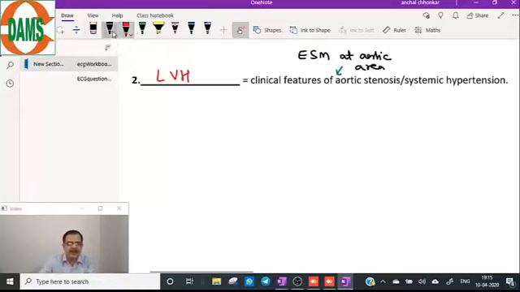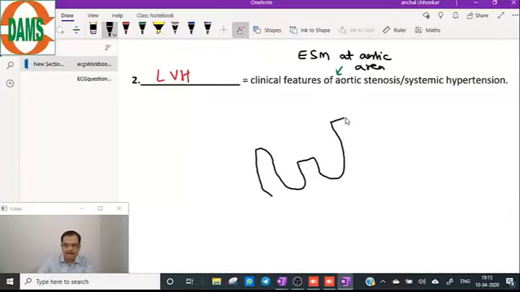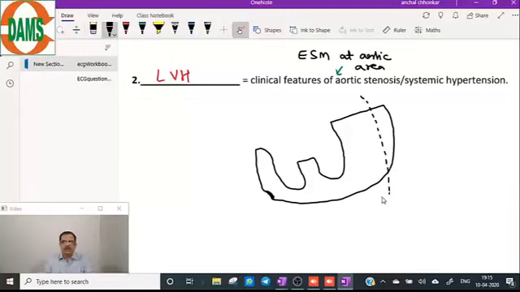I will make the diagram again of a coronal section. So this is a coronal section of the heart.